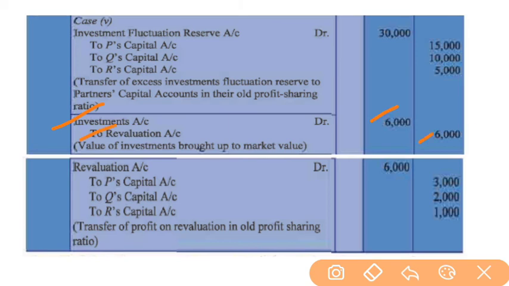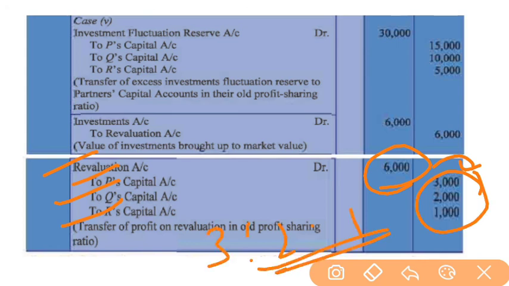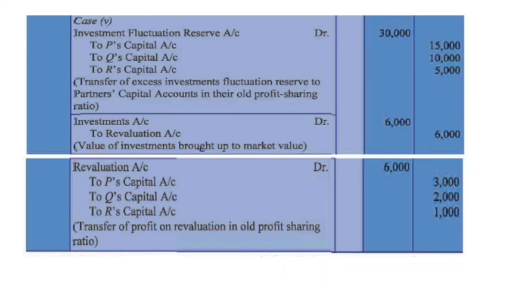Now this revaluation account will be transferred to capital accounts because it is a profit, so revaluation will be debited, and P's, Q's and R's capital credited. This 6,000 will be distributed among partners in their old profit sharing ratio, 3:2:1. So like this we will do journal entries of workers compensation reserve and investment fluctuation reserve.